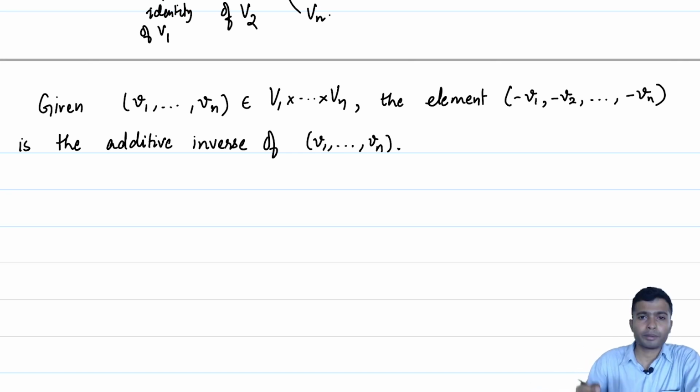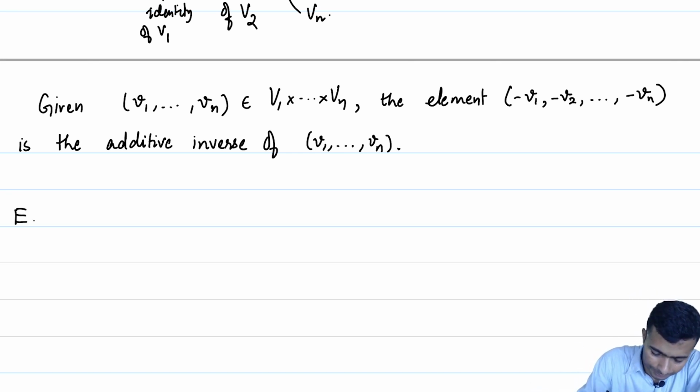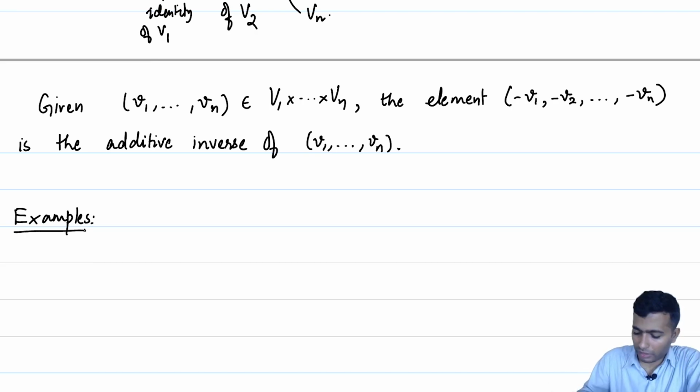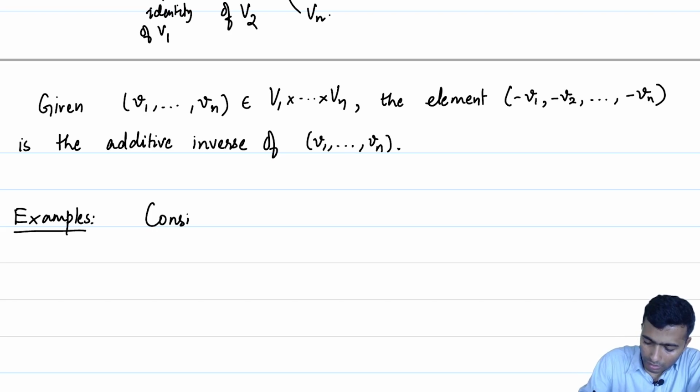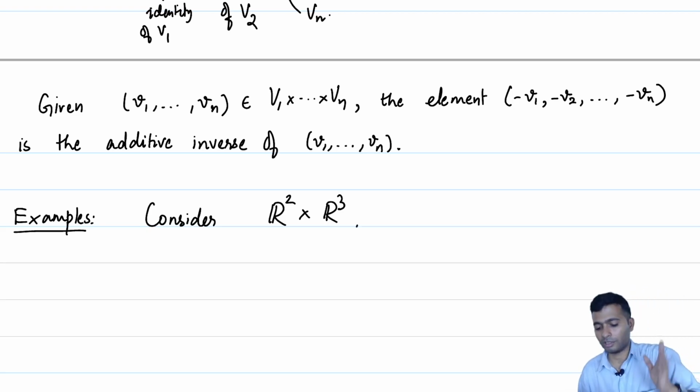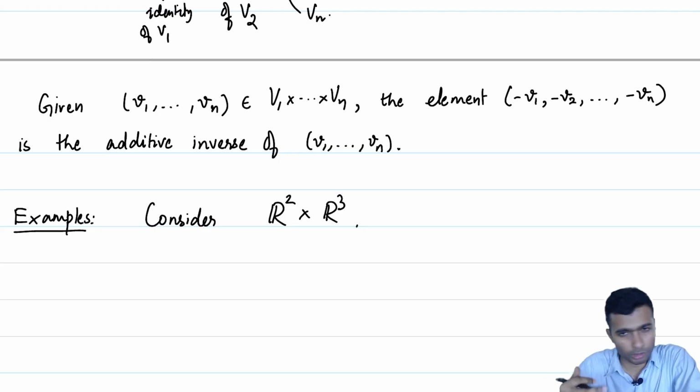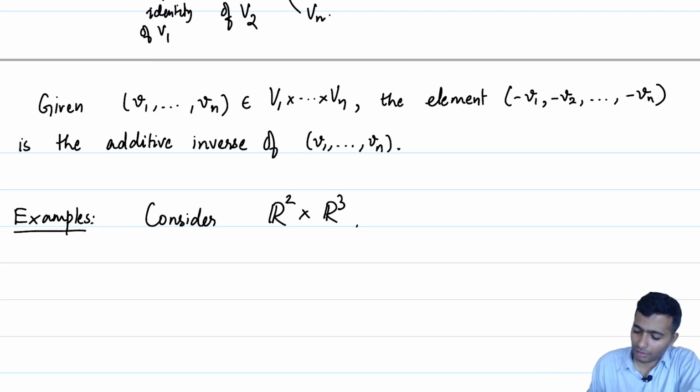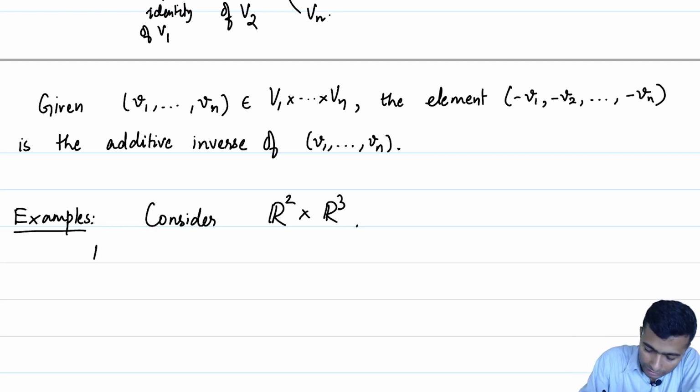All right, so let us look at maybe a couple of examples. Well, consider R2 cross R3, the first two examples that came to my mind. So, let V1 be R2 and V2 be R3. Let us just consider the product of two vector spaces. So, by what we have just described, what will be this set?